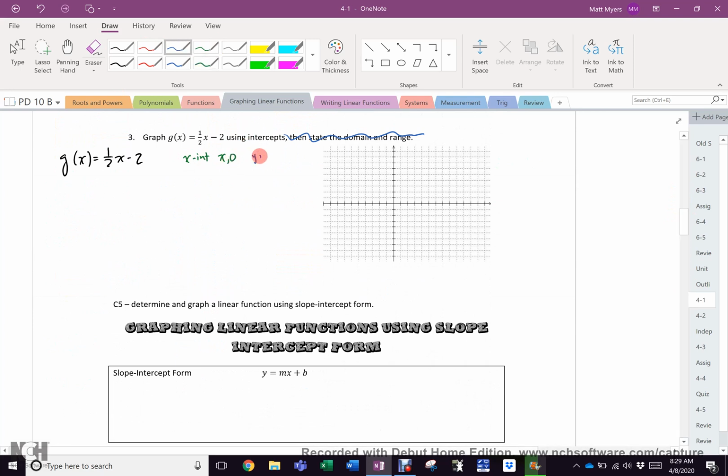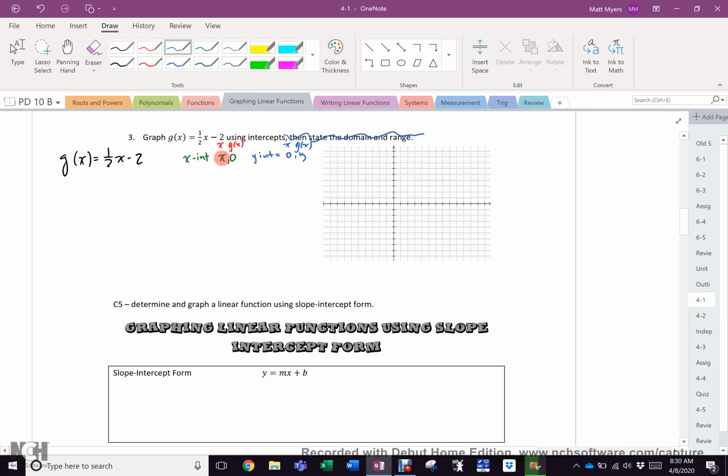My y-intercept is always 0 comma y. So this, we remember, is our x value, and this is our g of x value. That's our x value, and that's our g of x value.